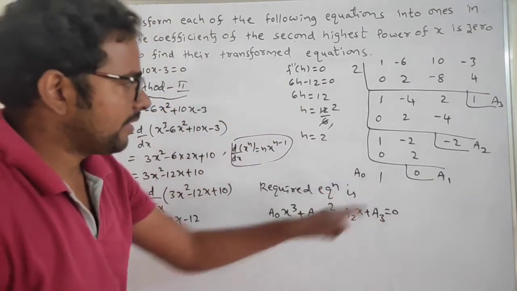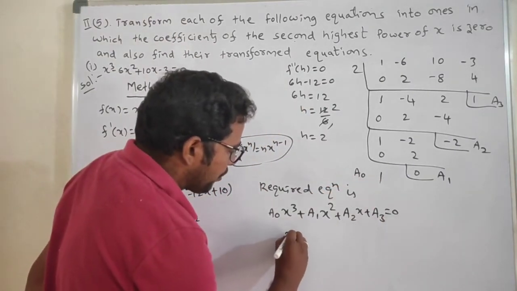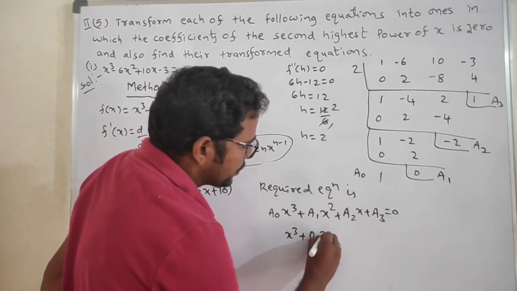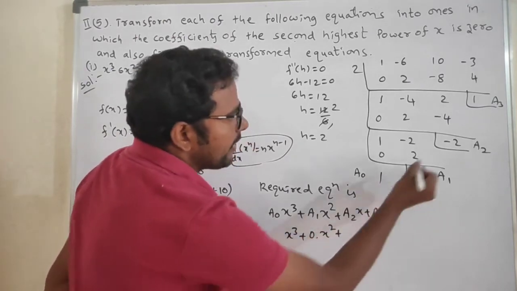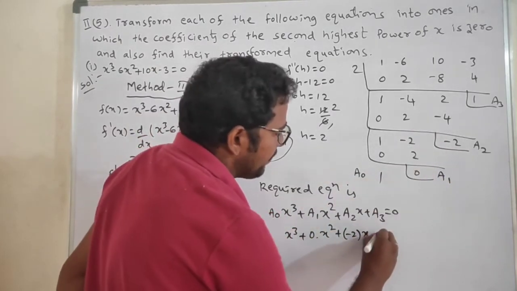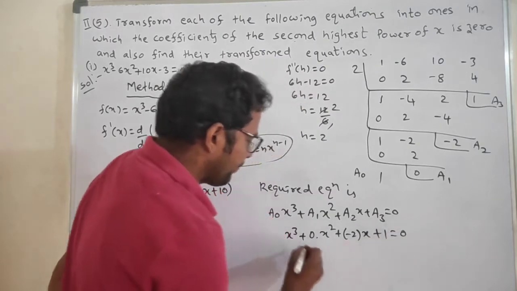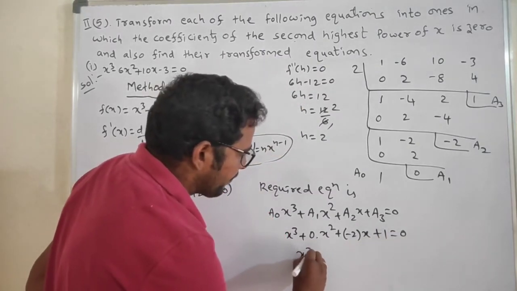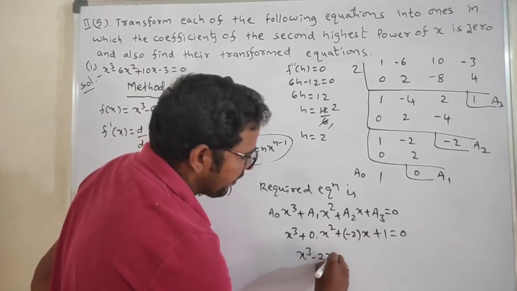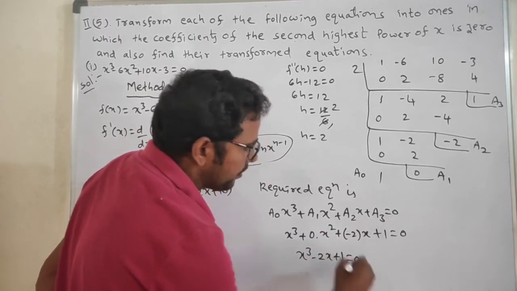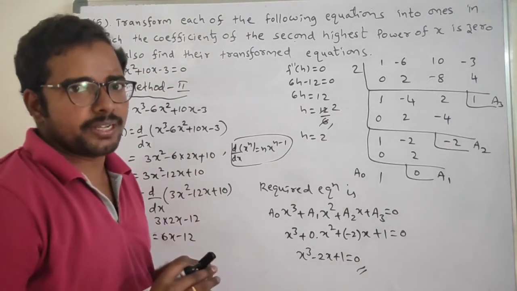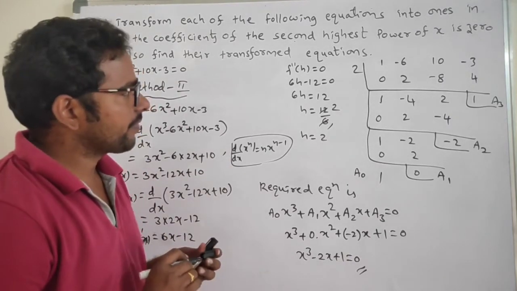A0 value is 1, so 1 into x power 3 plus a1 value 0 into x square plus a2 value minus 2 into x plus a3 value 1 equals to 0. So x power 3 plus 0 into x square, minus 2x plus 1 is equals to 0. This is the second method. Do it in the second method only because it is easy.